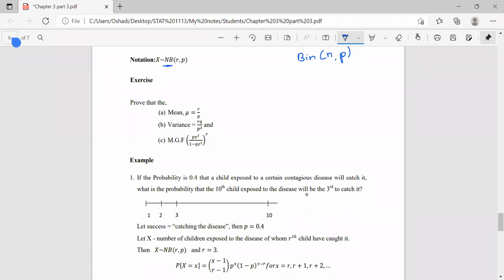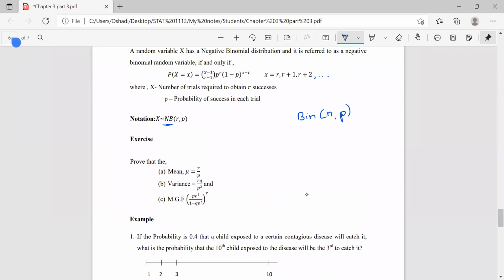Using the knowledge you have now, I think you can do this exercise. Prove that the mean, variance, and moment generating function are those things. It is easy because you proved the geometric one earlier.